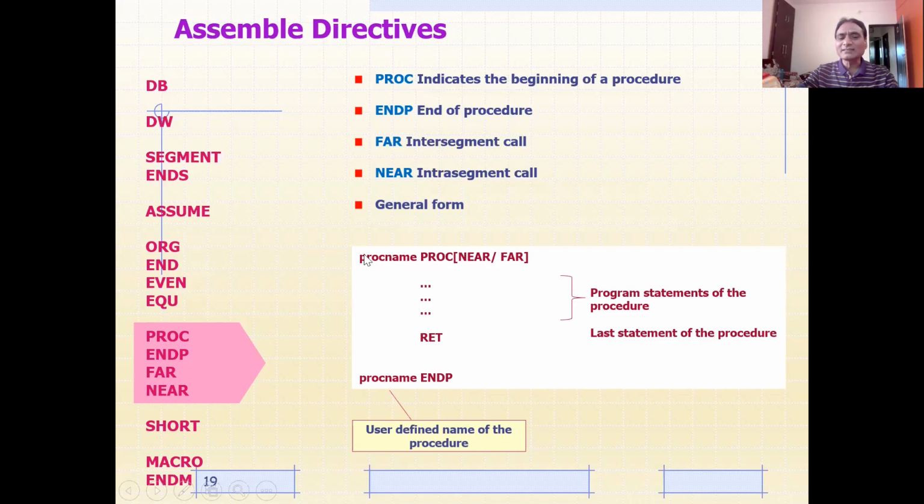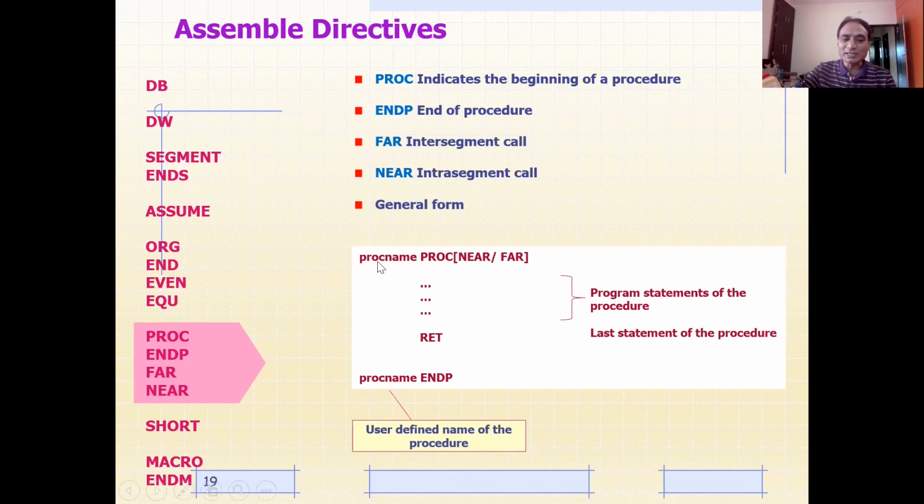Now you can write, let's say, sum or divide. Let us say the name of this procedure is sum. So you can write sum PROC, and this is near. Near means in the same program, like near is intra segment. Far is inter segment jump. We have seen that short is again short, near is intra segment, and far is inter segment, right?